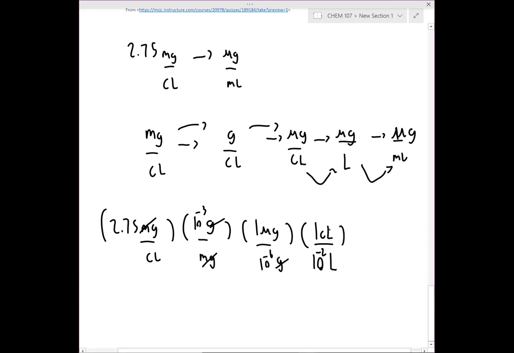Then we're going to go from 1 over liter to 1 over milliliter. And what does the milli prefix correspond to? What power of 10 does the milli prefix correspond to?